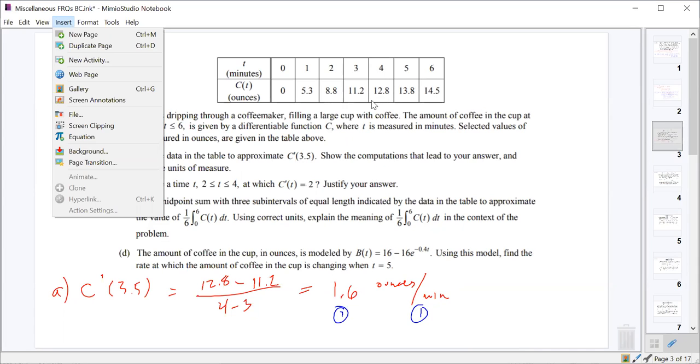But that's not the actual value of 3.5 for C. I'm still not quite understanding what you mean. What did you do? So I took 12.8 and I subtracted 11.2. Yeah. And I just divided that by 2 to get how much I need to increase just to get a middle value. So then I got 12 for 3.5.